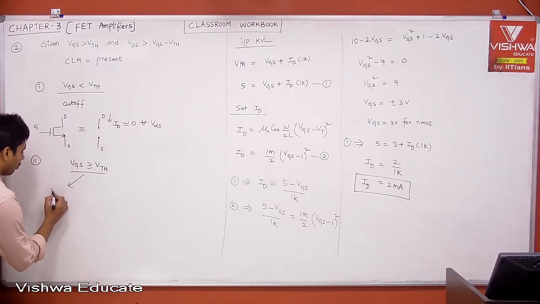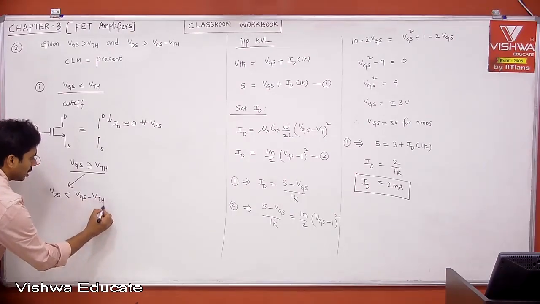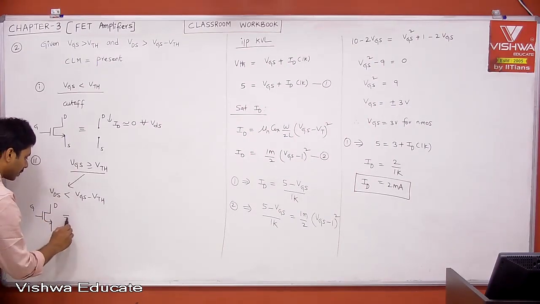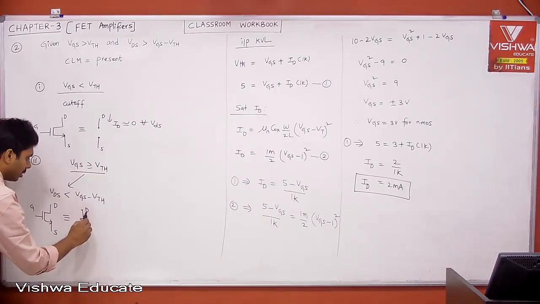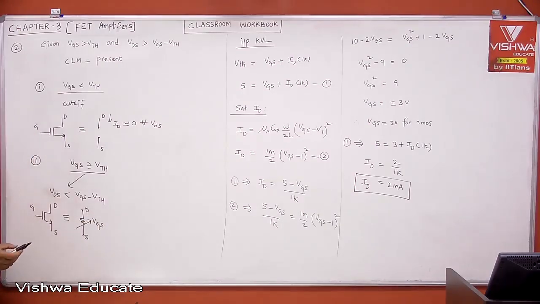Therefore, whatever VDS you have, if that is less than VGS minus VTH, then I told that your MOSFET, between drain, source, gate, will be a variable resistor between drain and source, and the resistance value is controlled by gate to source voltage, right?